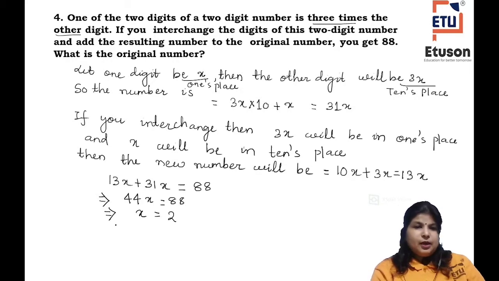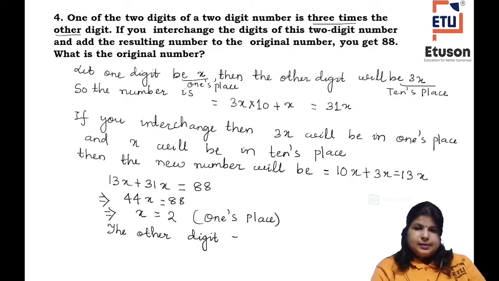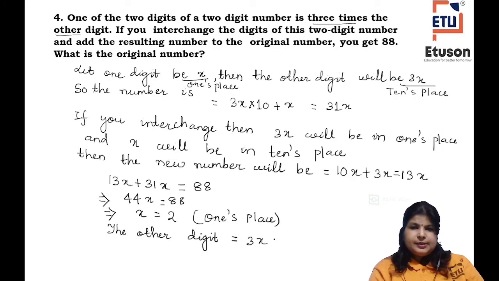So what about the other digit? The other digit is equal to how much? That is 3x, right? So 2 into 3, that is 6.